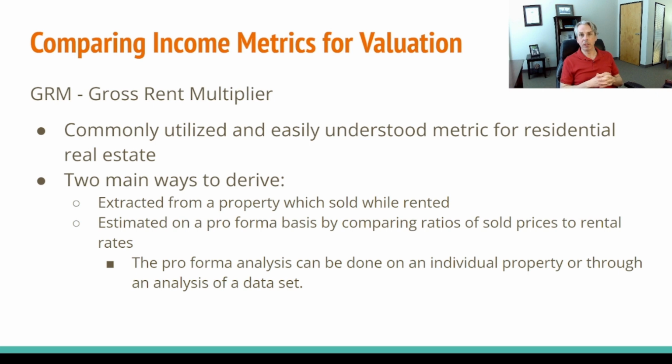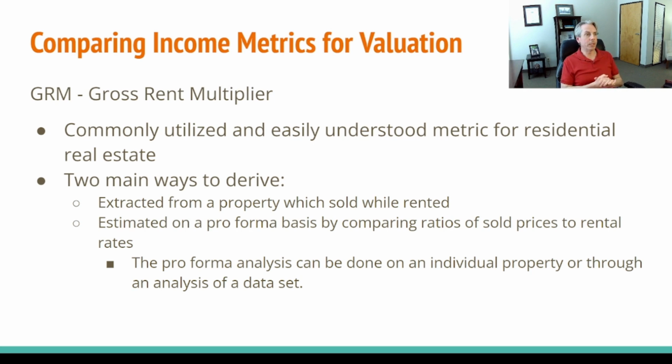Somebody may be selling a house after having a long-term tenant in there. Maybe they haven't kept the rents up with the market, and they decided just to sell. And so that's a common scenario, which would lead to a GRM, which really isn't as tied to the market as you would want.